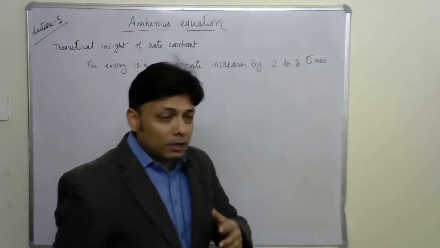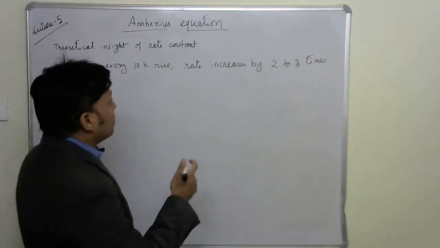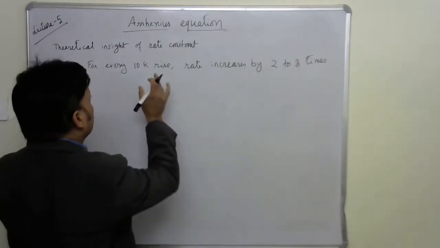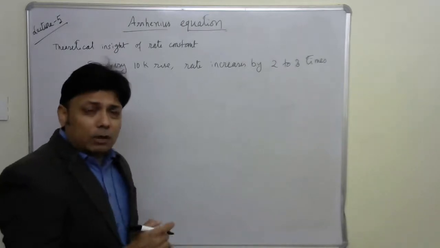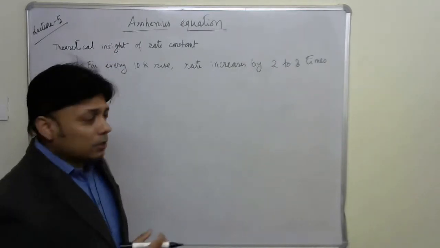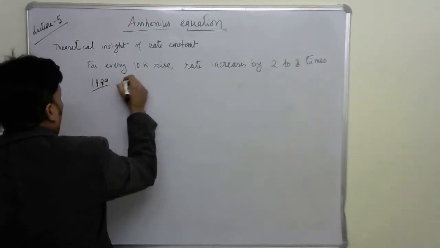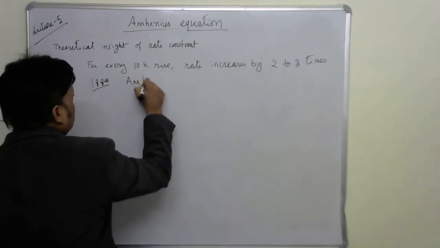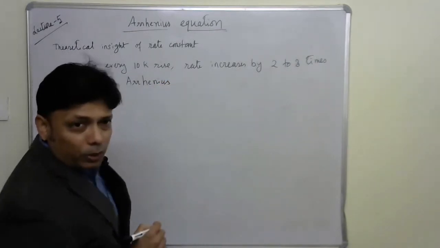So that means the rate constant has to do something with the temperature. So there had been attempts to relate temperature with rate constant. And therefore in 1889, the famous scientist Arrhenius proposed an empirical equation.